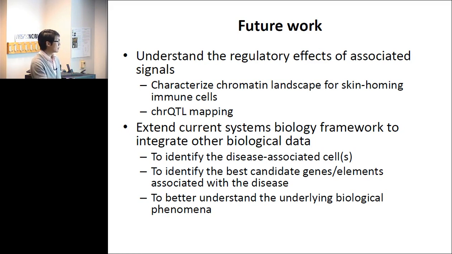We've been trying to identify disease-associated cells and prioritize candidate genes within the associated loci. We could think about ways to integrate different kinds of information. Besides the protein interaction we've been using, we could also look at other biological networks to integrate another layer of information.